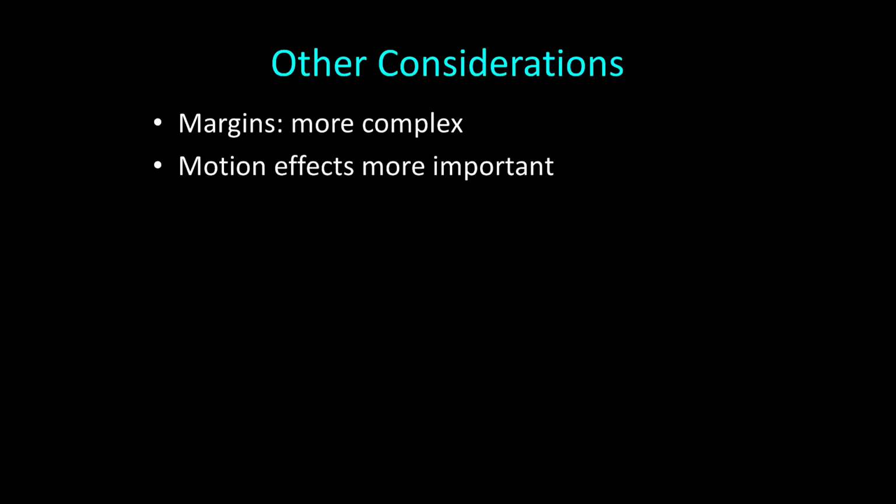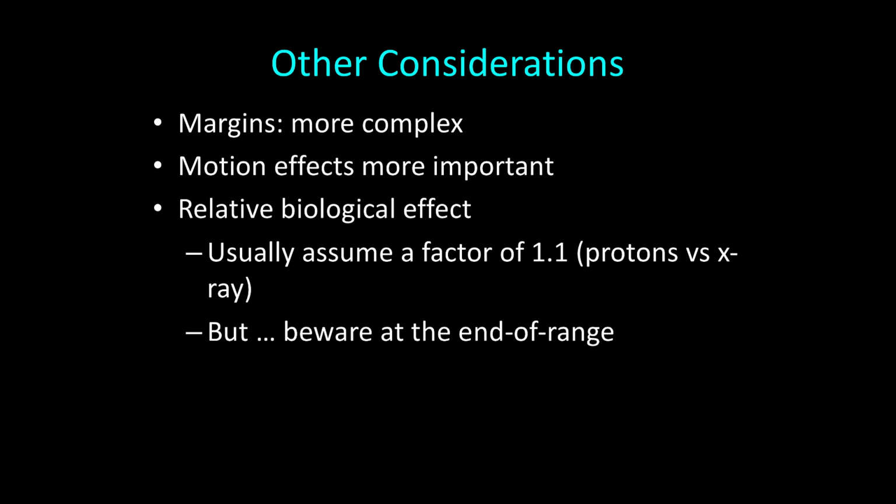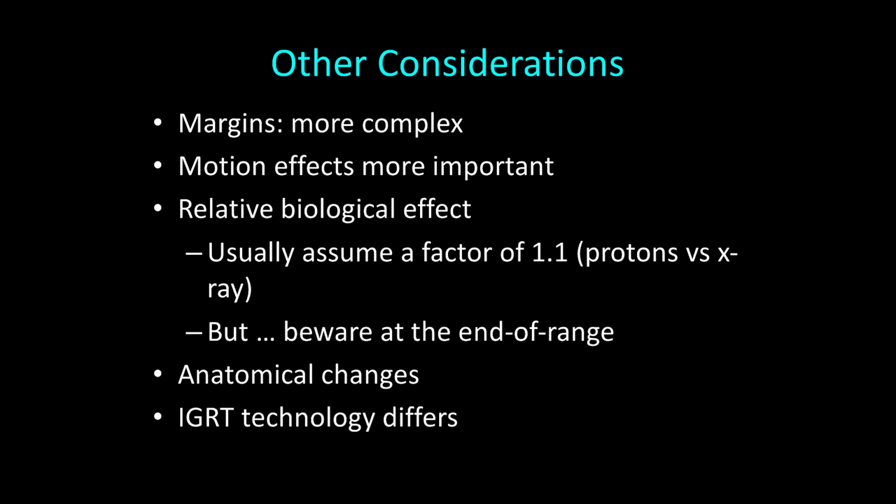Other considerations: motion is more complex with proton therapy, can be more complex than with photon therapy. We talked about the relative biological effect and possible end-of-range effects. And then anatomical changes. For example, if a patient loses weight or the tumor shrinks, that can have a big effect on the proton therapy if the range of the proton beam is changed.